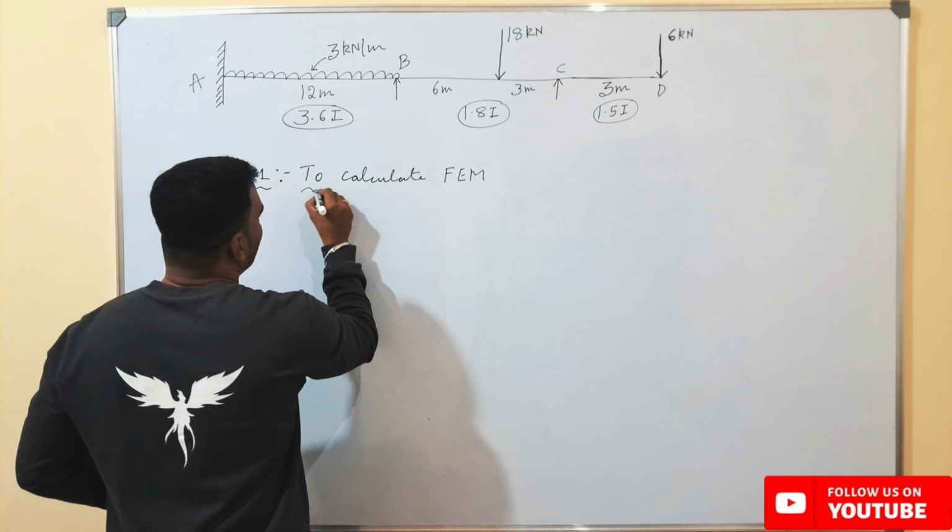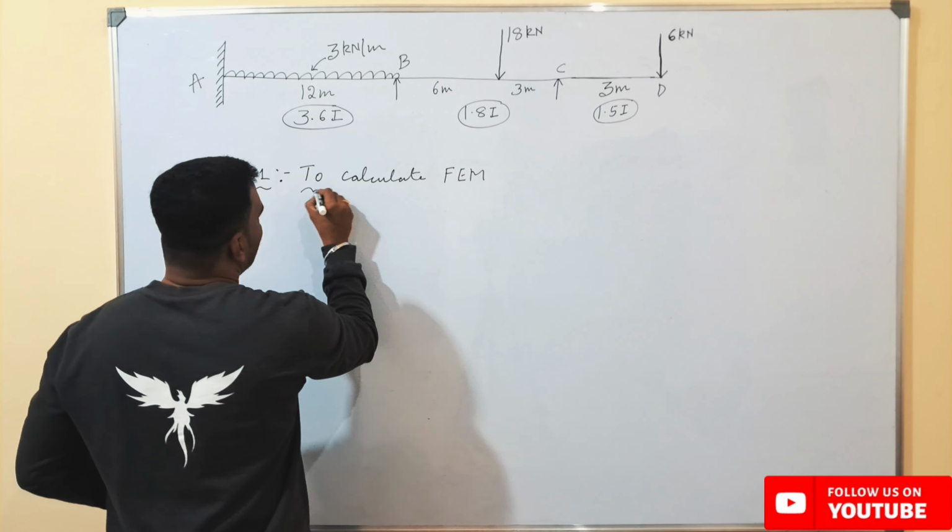B is the near end and C is the far end, and since C is a simple support, whenever we have a support other than a fixed support, the stiffness will be equal to 3 by 4 into I by L. Here the moment of inertia given is 1.8I upon the total span, divided by 9, which will be equal to 0.15I.